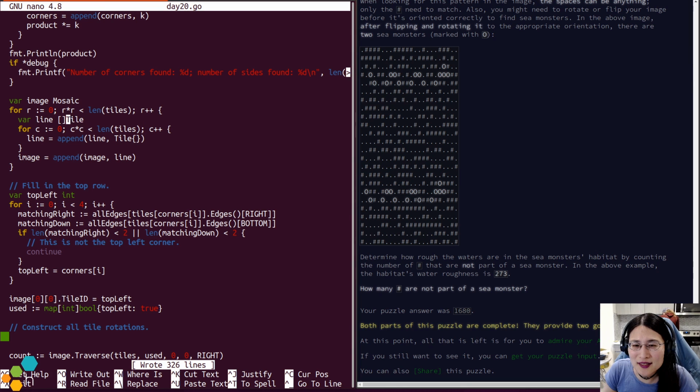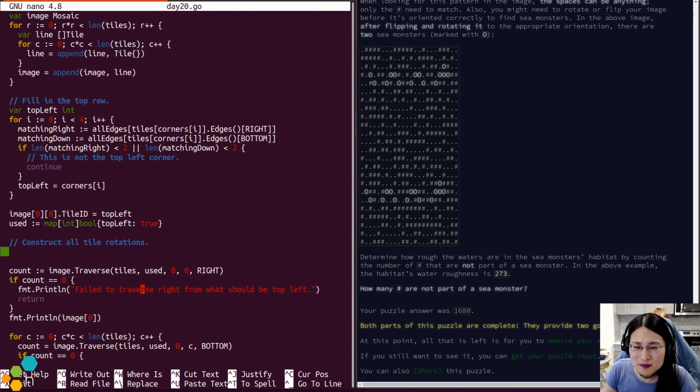Let's see, the tile itself doesn't need to be initialized. But we do need to traverse these out of order, so we may as well define this. In fact, yeah. I think that's fine.